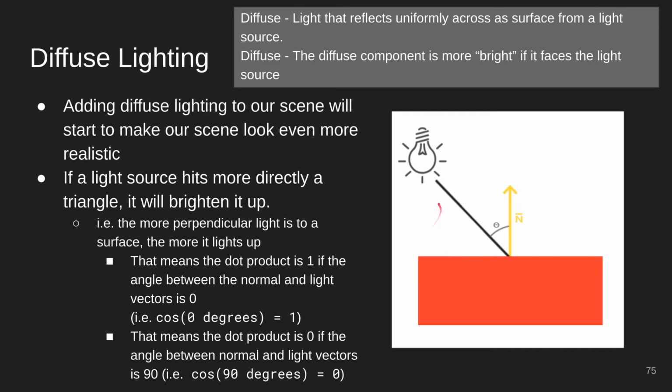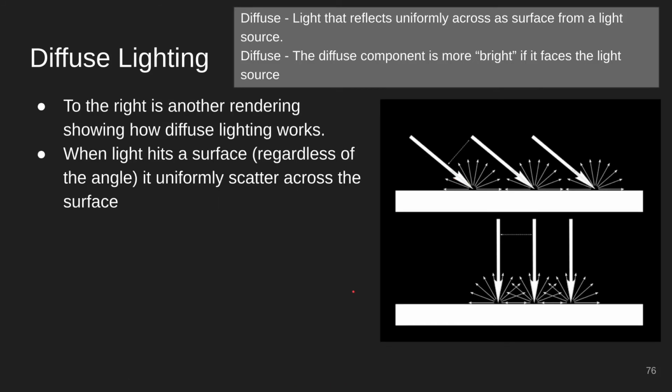Then if the direction that the light's going is totally parallel to this surface, then the dot product is 0, so we would not see much diffuse light. Here's just another rendering of what's going on with diffuse lighting. Again, regardless of where the light source is hitting, the light scatters equally across this surface. That's why there's all these equidistant arrows here.